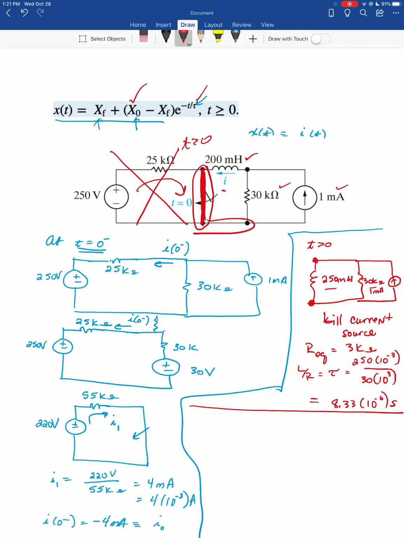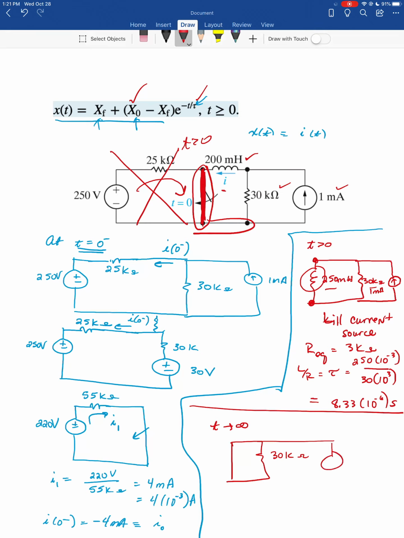What I need to do now is find the final value of the inductor current. For t going to infinity, we are approaching a DC circuit again. The reason is all of the transient effects have died away, and we're left with an inductor under DC conditions which looks like a short. So this inductor needs to be replaced with a short circuit.